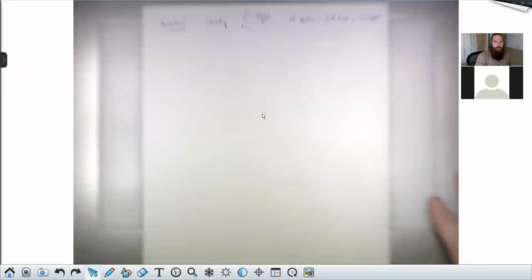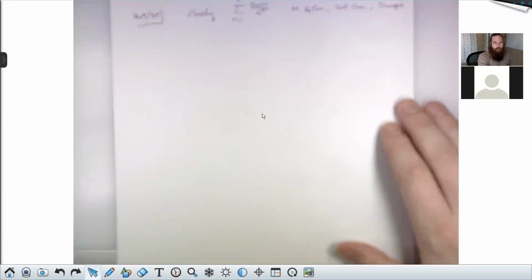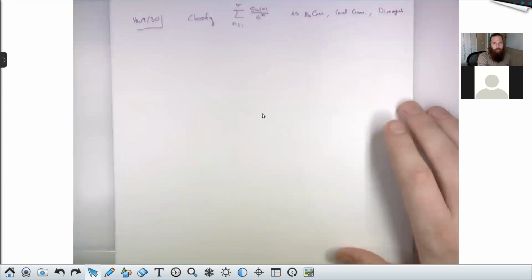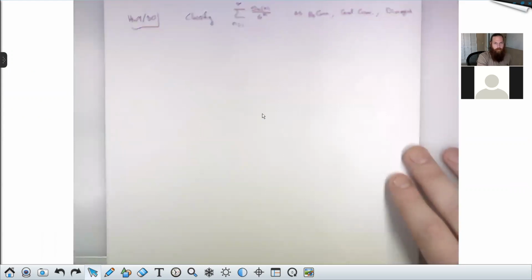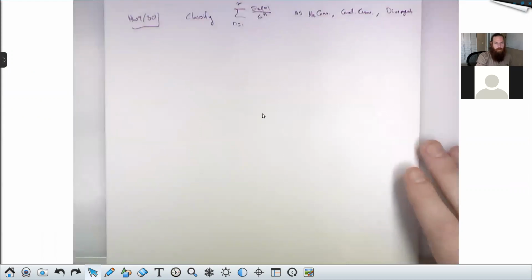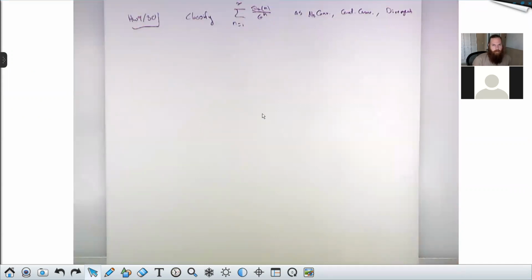So we want to classify the sum, sigma n from 1 to infinity, sine of n over 6 to the n as absolutely convergent, conditionally convergent, or divergent.